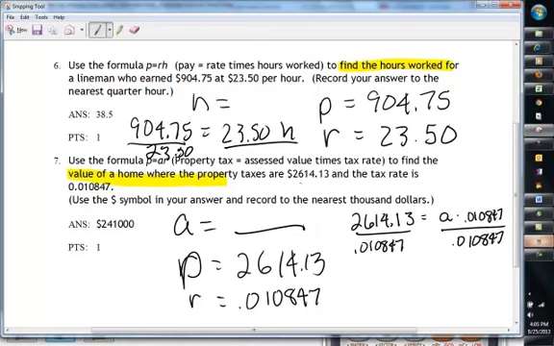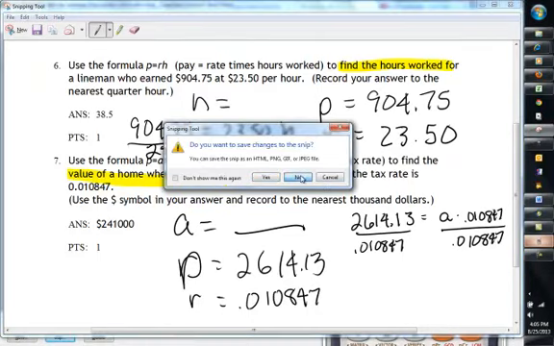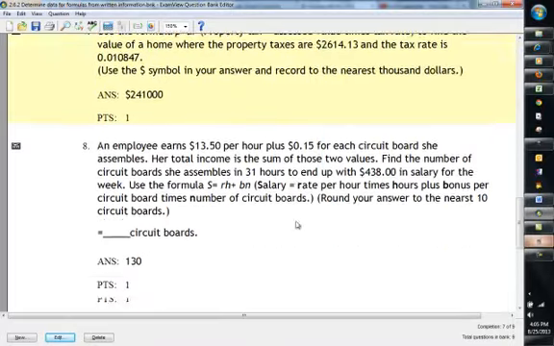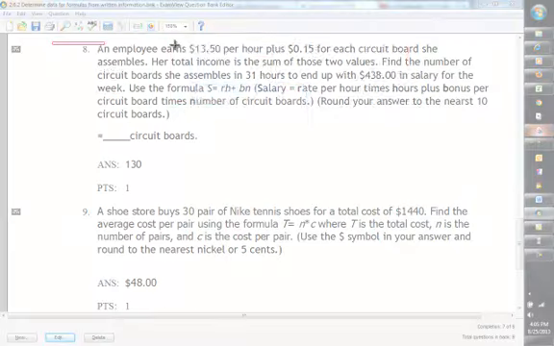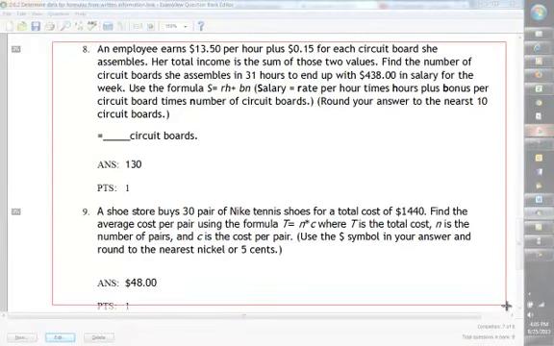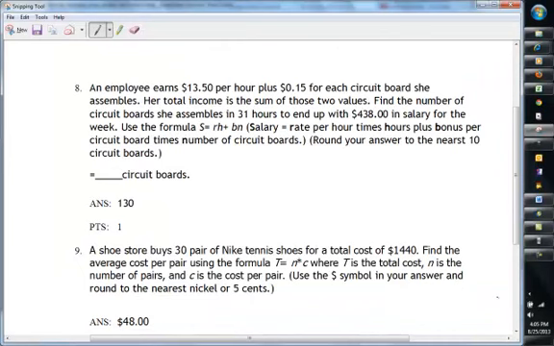Next, an employee earns $13.50 an hour plus 15 cents for each circuit board she assembles. Her total income is the sum of those two values. Find the number of circuit boards. So we are looking for the number of circuit boards she assembles, N. Okay, so we've got a bunch of variables here.